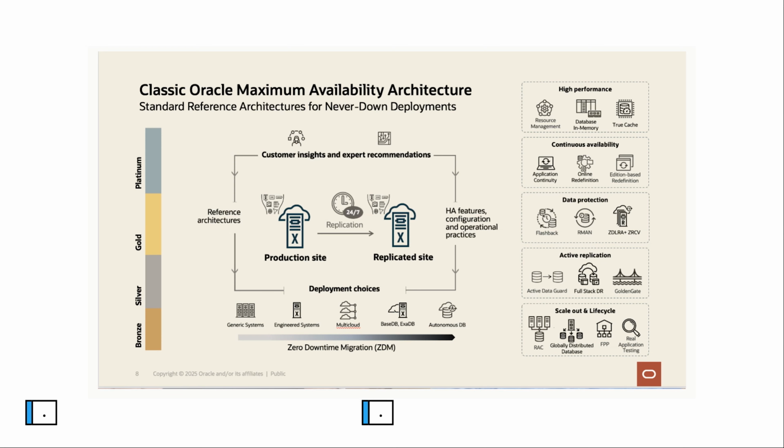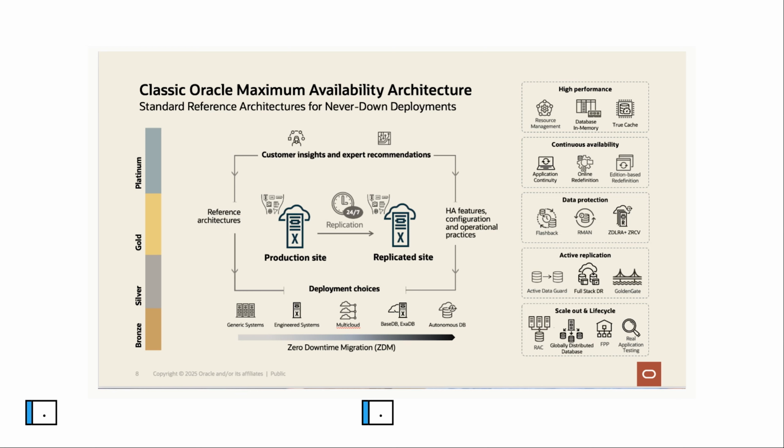It was created taking the knowledge from customers, internal metadata from Oracle support, and from specialists around the world, and we created this framework to protect basically what we are talking about during the show: your RTO and RPO, your high availability and protection of your data.